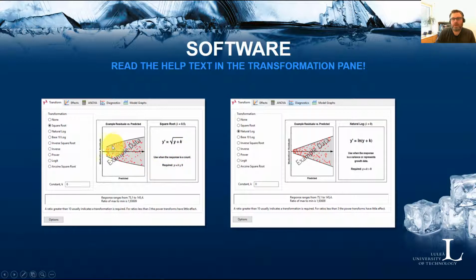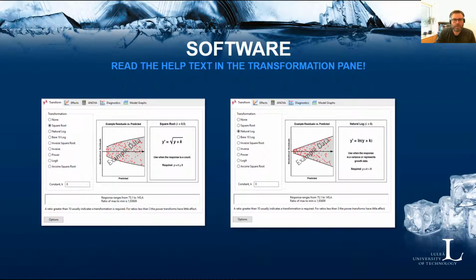This explains what kind of pattern you may be looking for in the residuals versus predicted plot of untransformed data. If this happens, then maybe the square root may be a good transformation for this behavior. And you see here, maybe this is a little bit more severe. You have the natural log here, use when the response is a variance or growth data, for example, and so on.